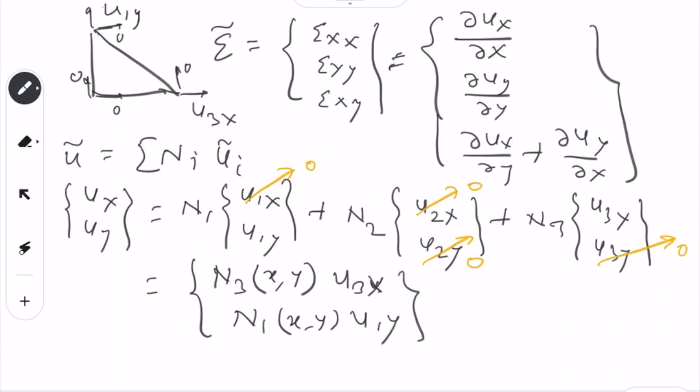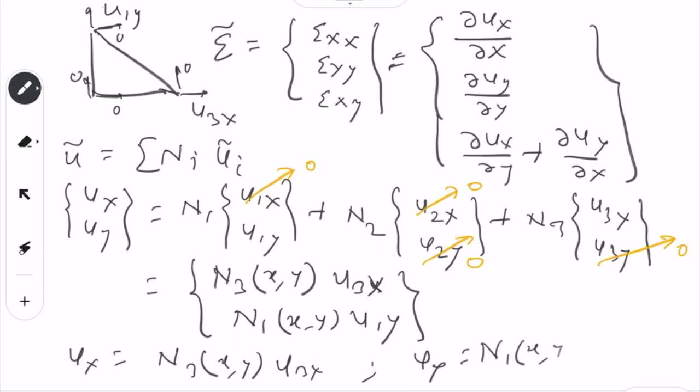This is ux and uy. So ux is equal to n3xy u3x, and uy is equal to n1xy u1y.